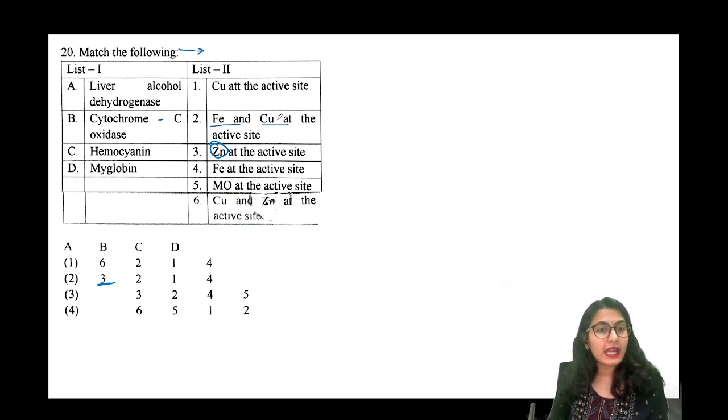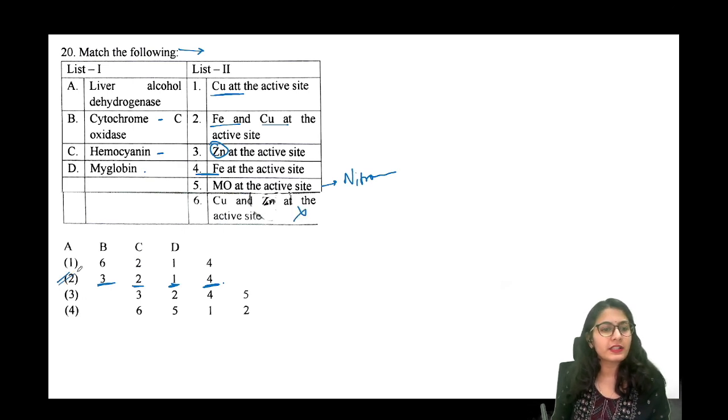Iron and copper at the active site. Hemocyanin is going to be copper at the active site. Yes, it is. Myoglobin is going to be iron at the active site. So fourth one is correct. Alright, so these are going to be the correct answer. Molybdenum होता है nitrogenase में. Yes, so this is the correct answer.